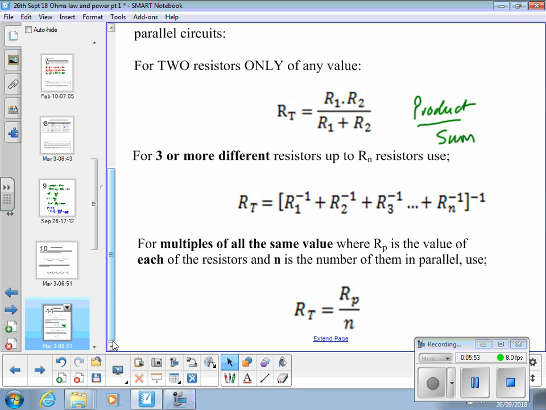Close the brackets, and what you mustn't miss is the bracketed term is also to the power of -1.